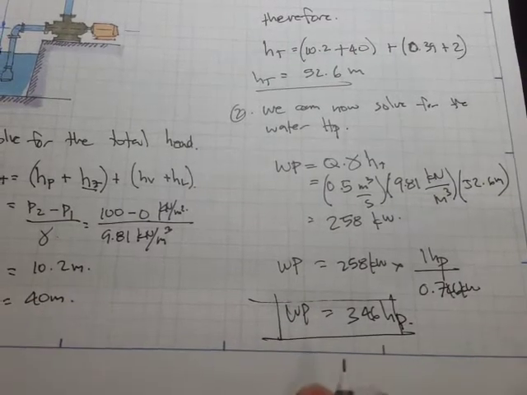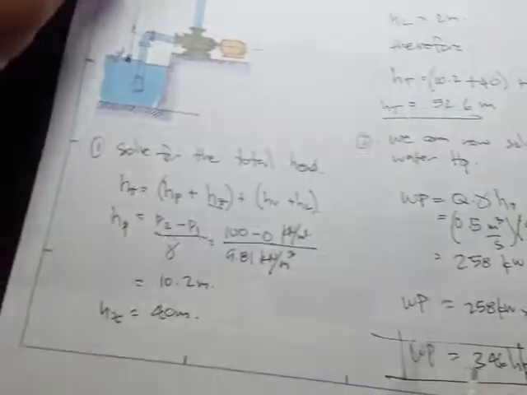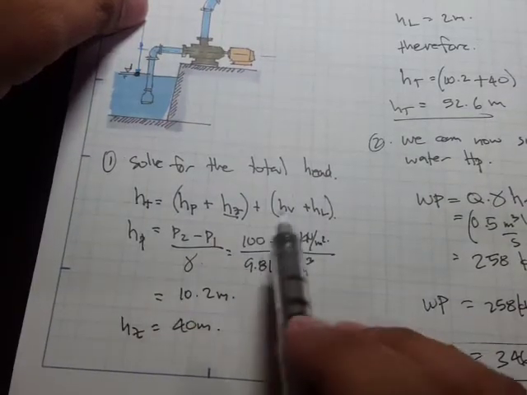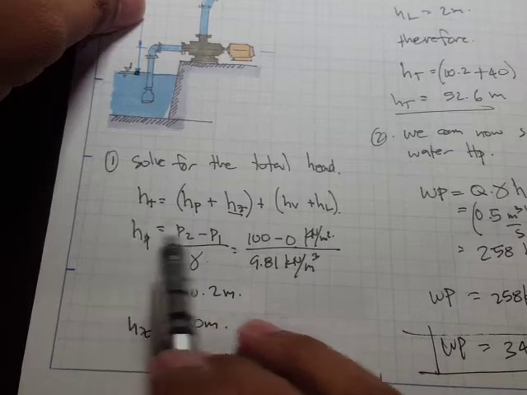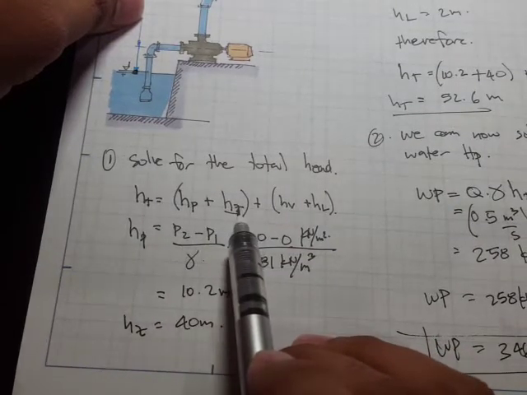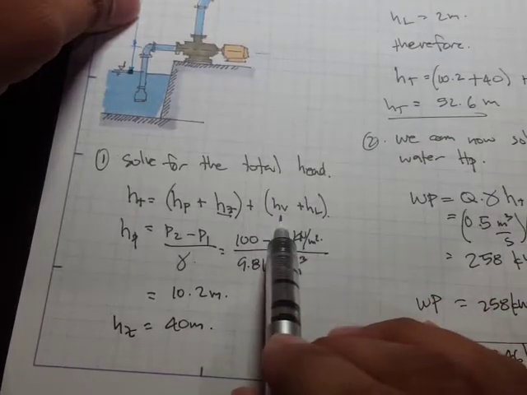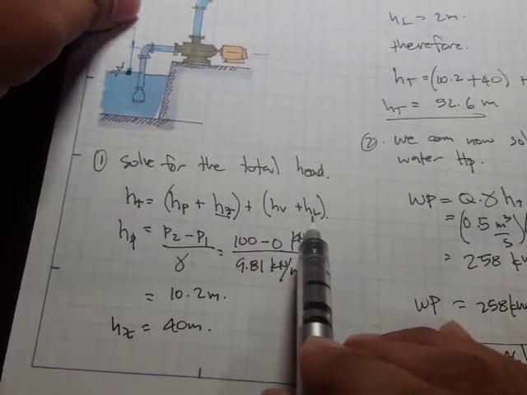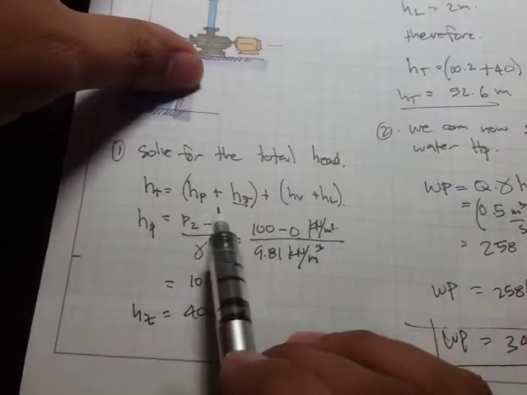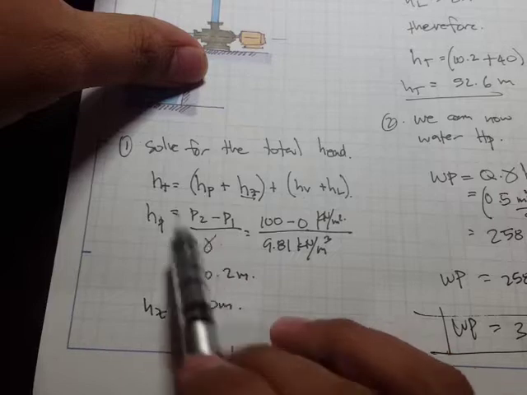Okay, if we do a recap on what we did, first we solve for the total head, and we write the general equation including the pressure head, the elevation head, the velocity head, plus the head losses. We solved first for the individual head terms.